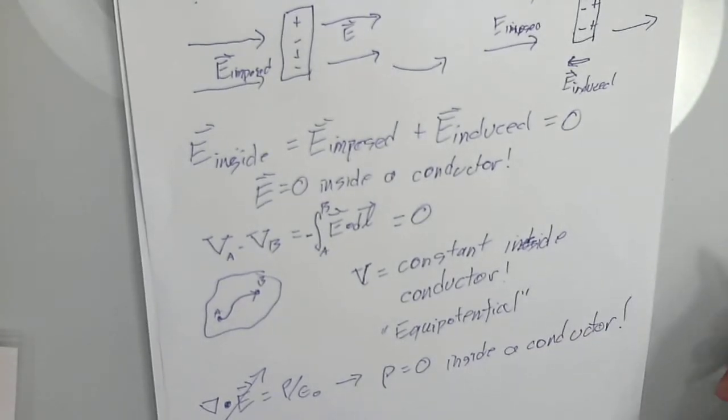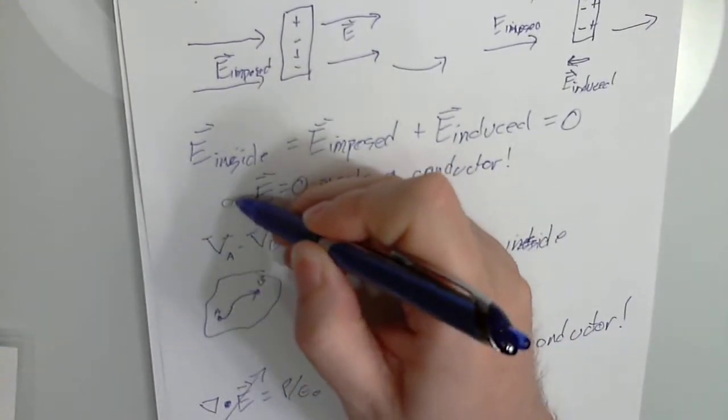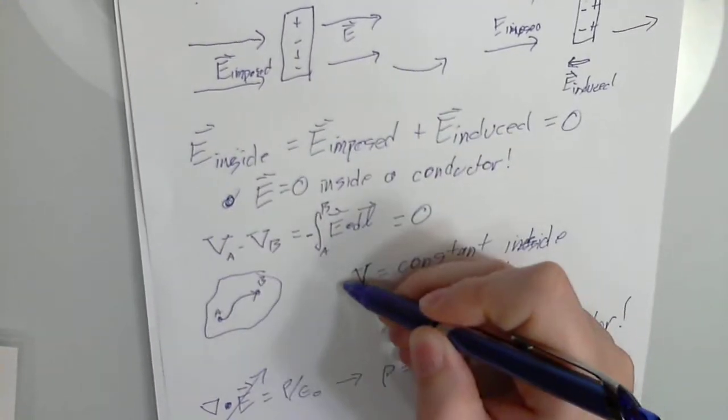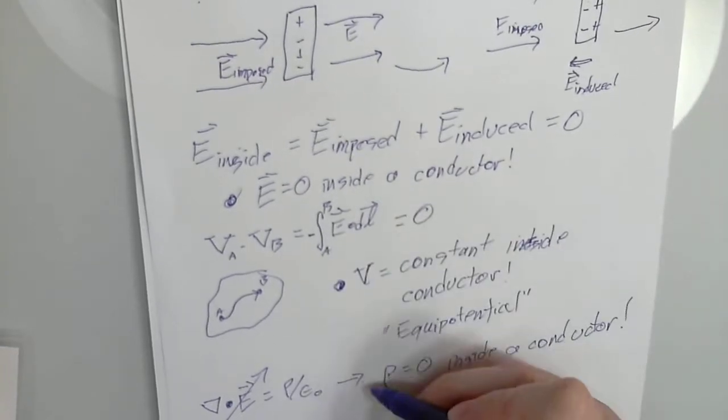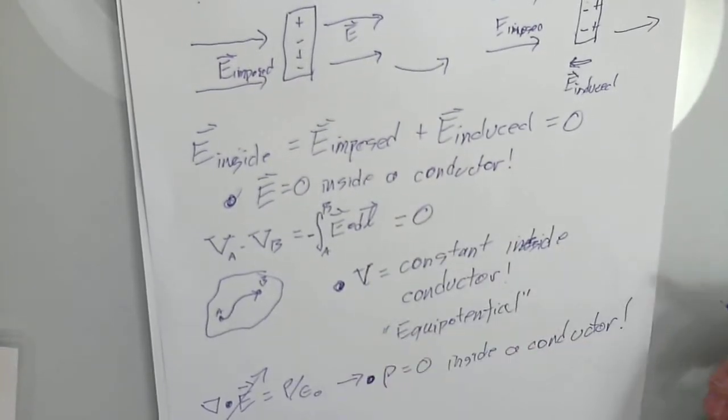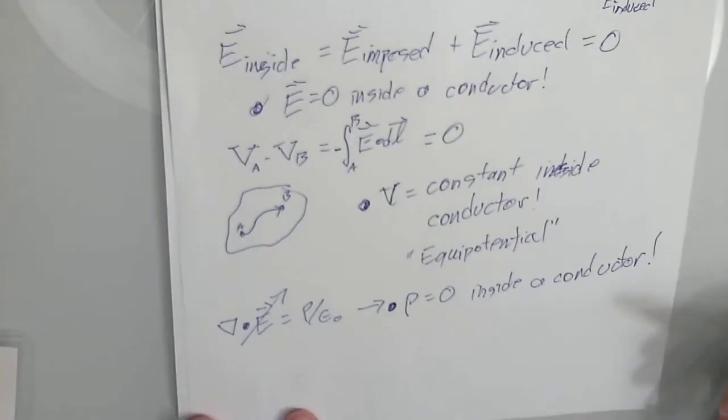All right, so the important properties I've identified so far are 0 electric field, constant electric potential, and so far 0 charge inside the conductor.